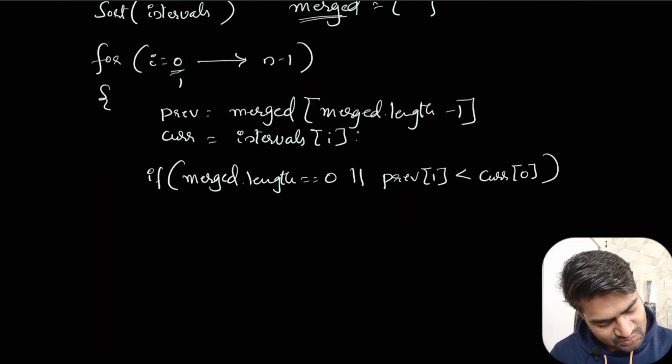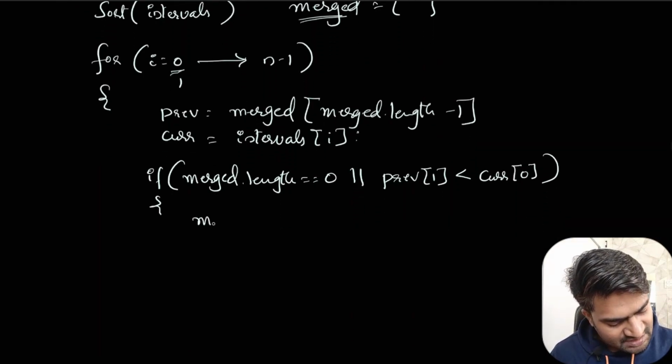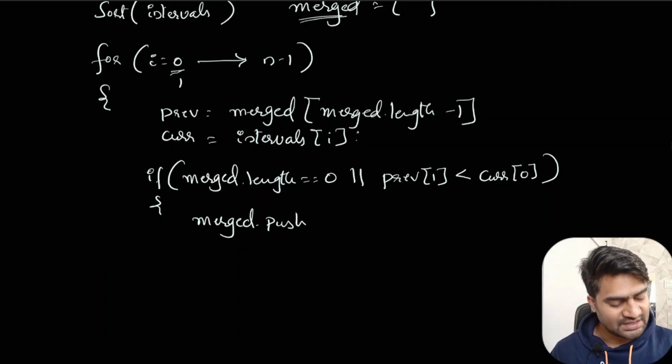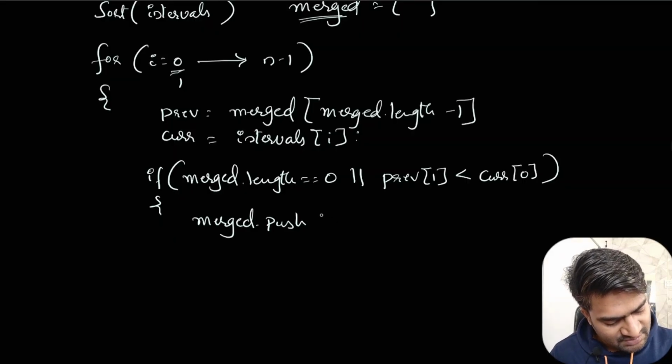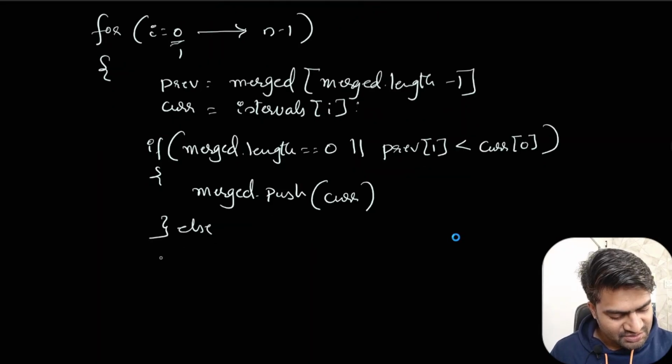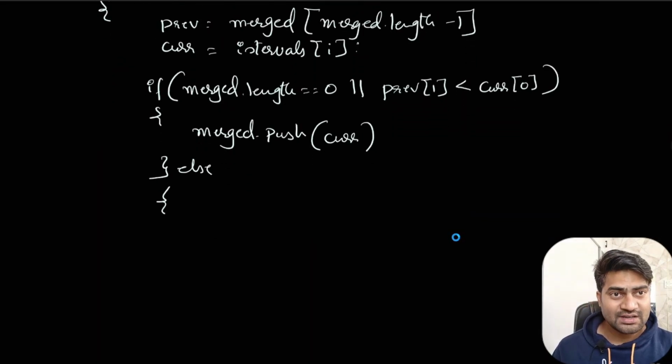So what I will do, I will simply say merged dot push or add. So basically merged is an array list, or it is an array in JavaScript. So I will push my current interval. We are sure that we got a merge.